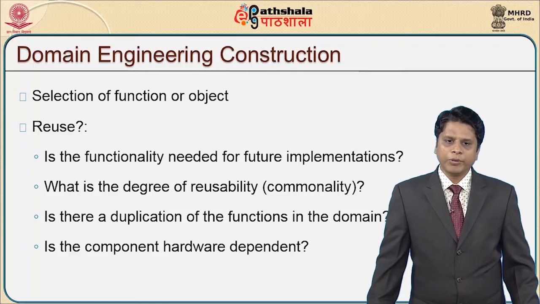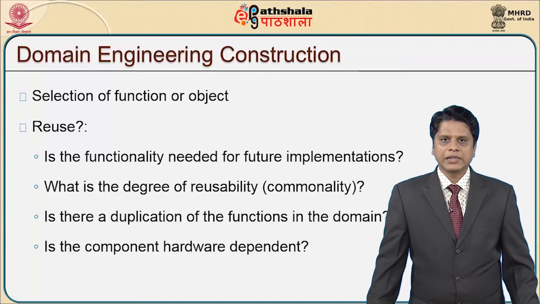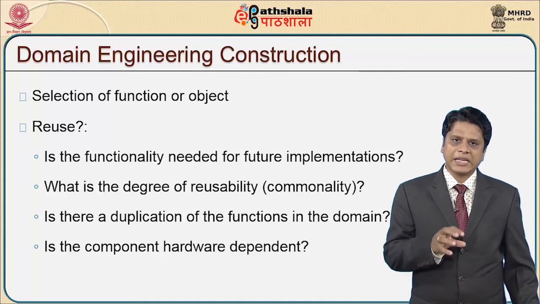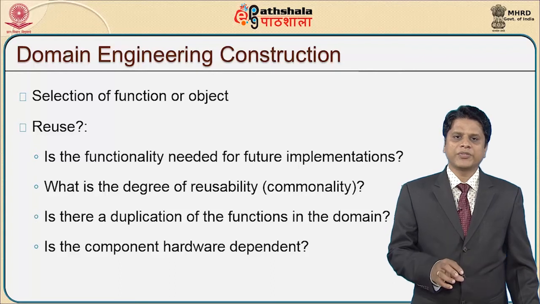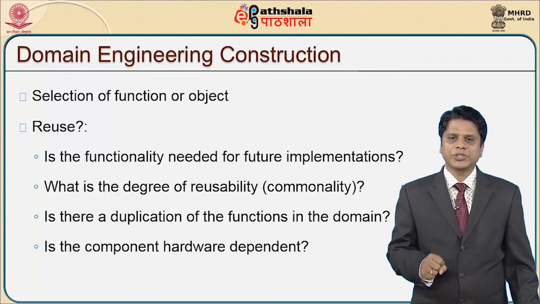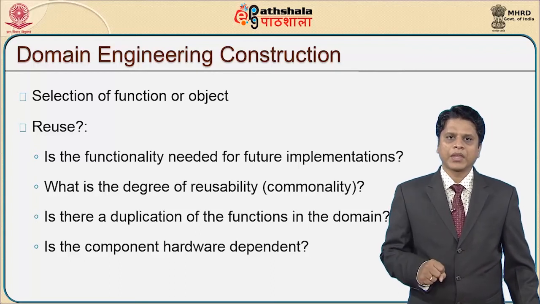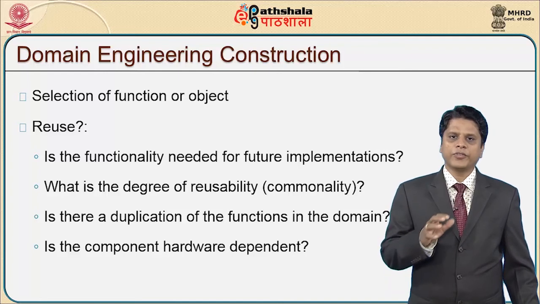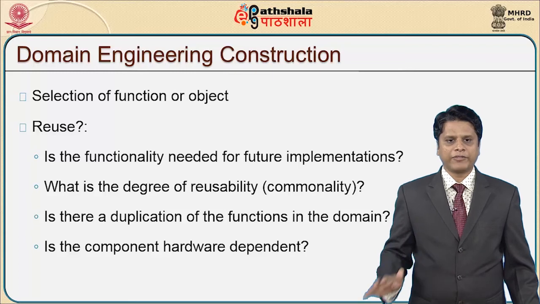Is there a duplication of functions in the domain? We need not create multiple application softwares for the same purpose. For that reason, we can utilize components which are already in use, and make use of them directly instead of duplicating them on a different platform.